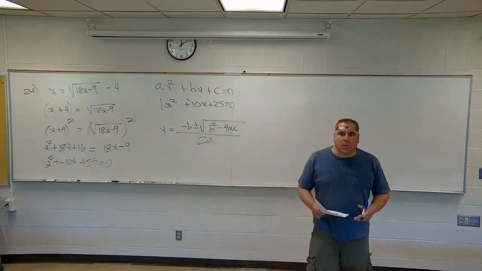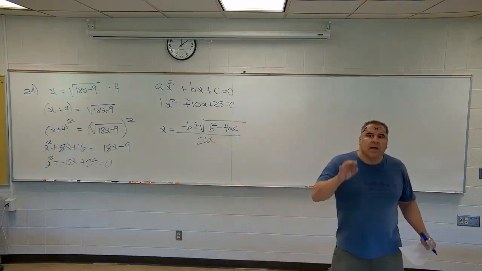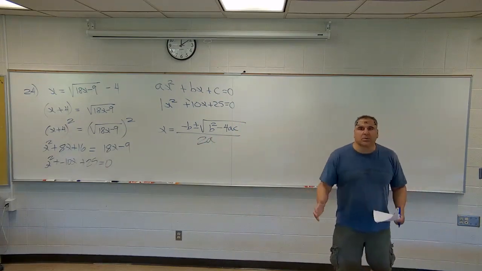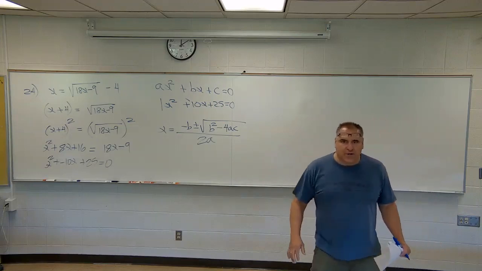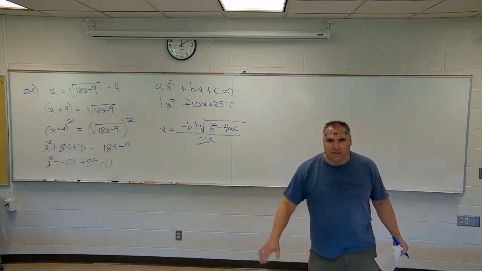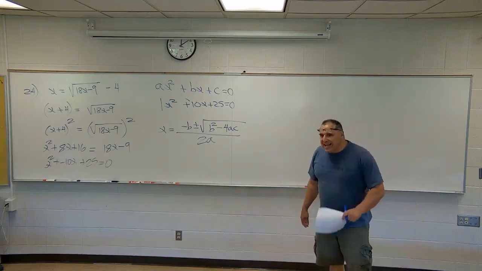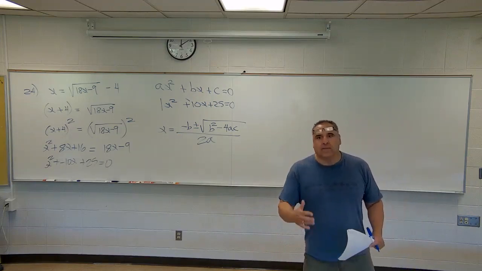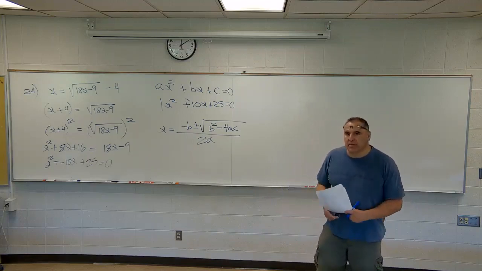The quadratic equation can get you out of everything that has a quadratic function in it. If there's a quadratic function set equal to 0, the quadratic equation can get you out of just about everything. Not easy to deal with sometimes, not convenient, but it'll always get you through it.